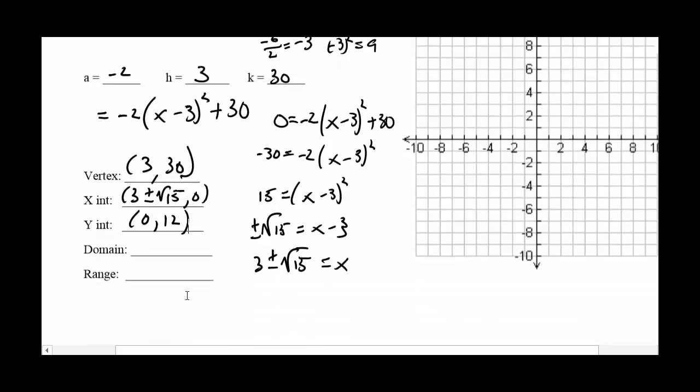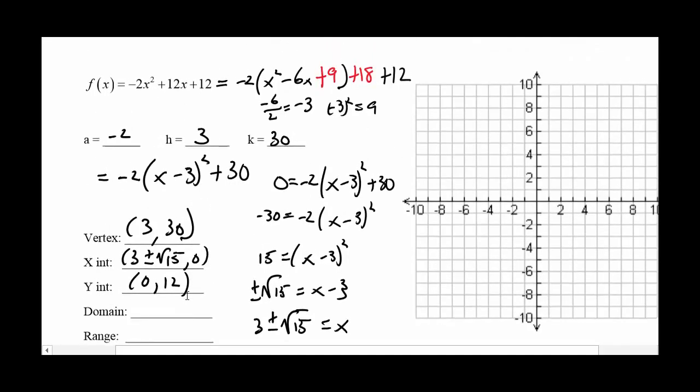Domain and range we'll look at from the graph, and I'm just looking at the size of my numbers in my little grid here. The easiest thing to do is just change the scale. That's what I'm going to do. I don't know if that makes it a little bit better or a little bit worse.